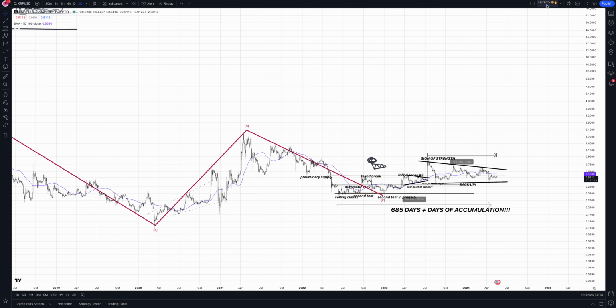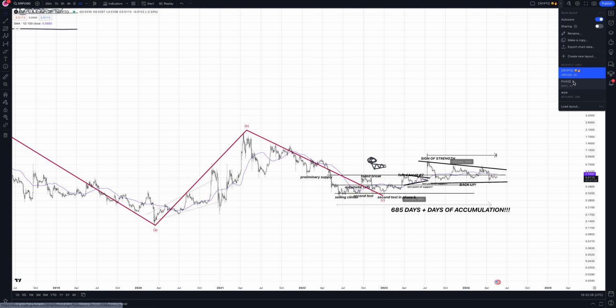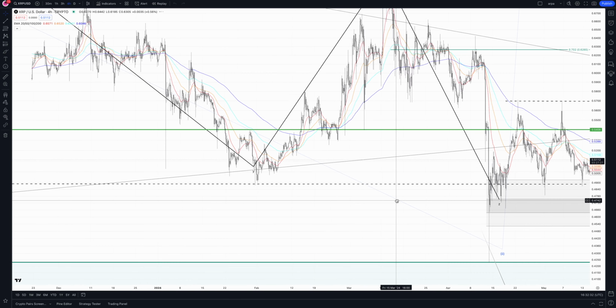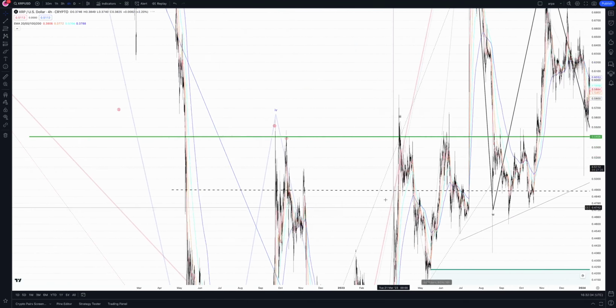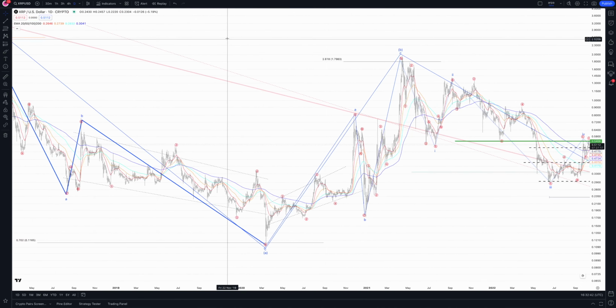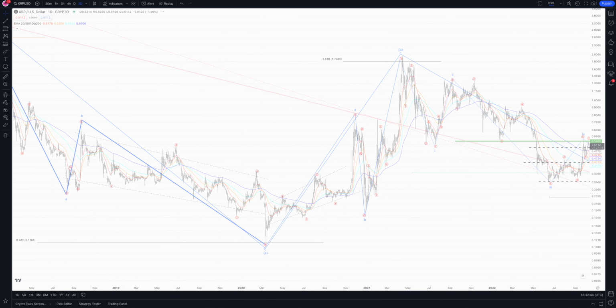Now let's go to another chart over here. This is XRP's wave count, and as you can see, every single wave is accounted for. Let's go to the 3-day time frame.